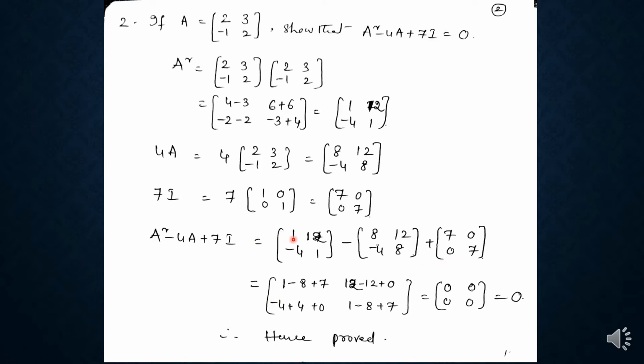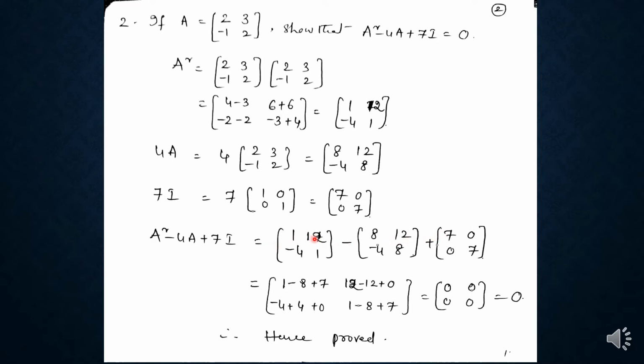By adding the corresponding elements: 1, here minus is there, so this should be taken as minus 8, so 1 minus 8 plus 7.